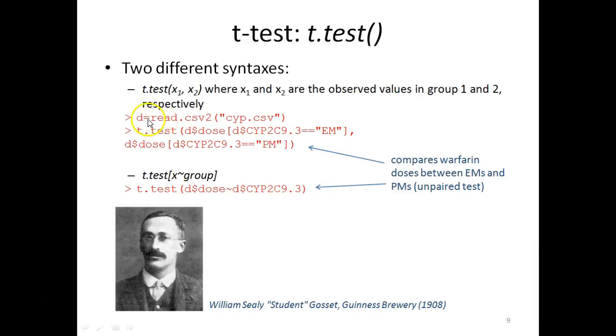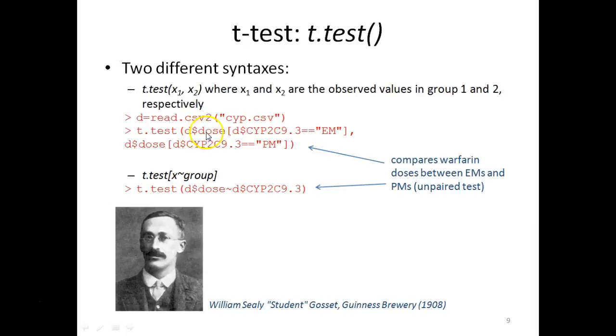And in this example we load the zip.csv file into memory and put it in the object D, and we then perform a t-test comparing the doses between individuals who have EM and PM in the zip29.3 column.